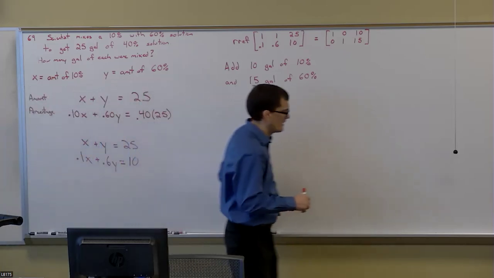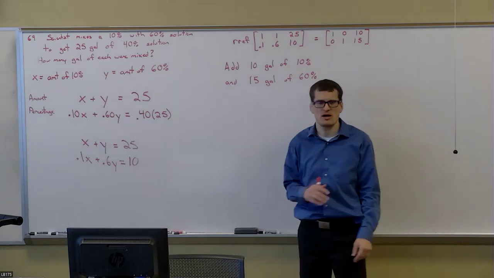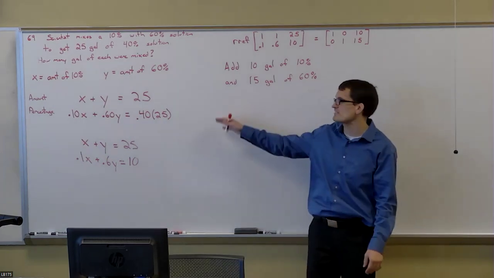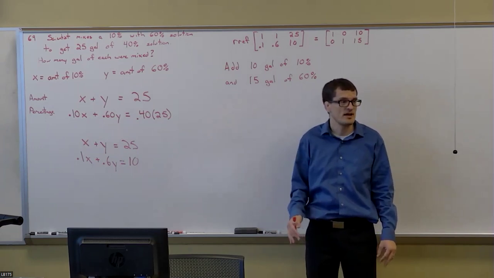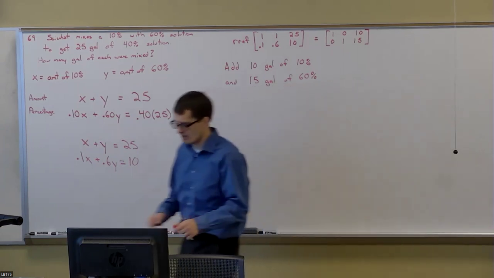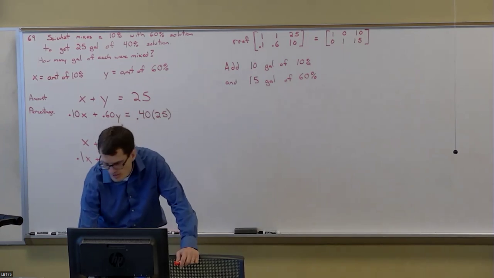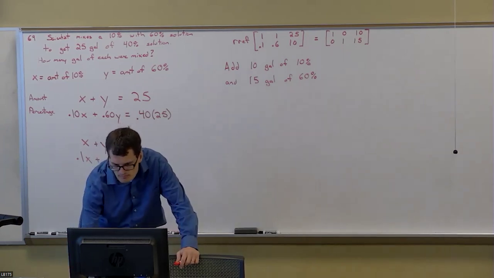Okay. These are kind of classical mixture problems. And by the way, you can mix things like saline. You can also mix things like money. There's an example in the book that talks about money invested into an account.